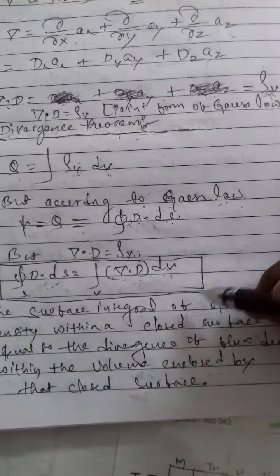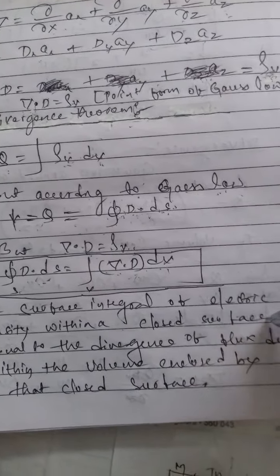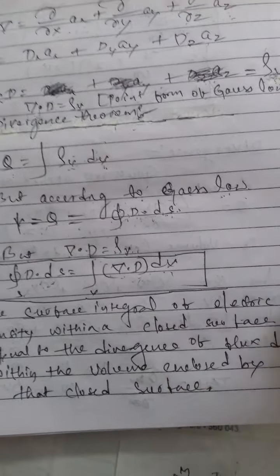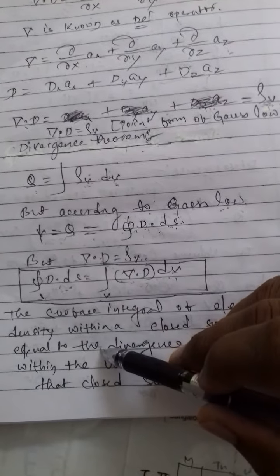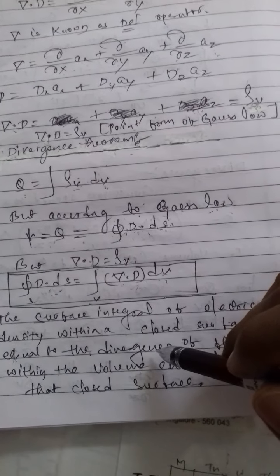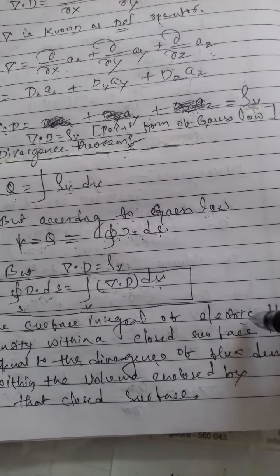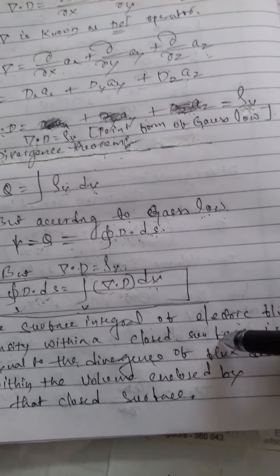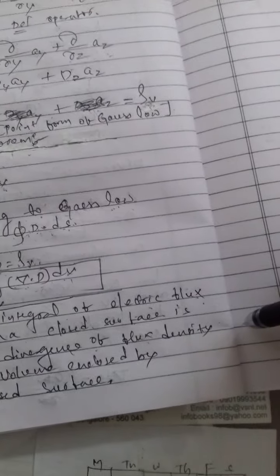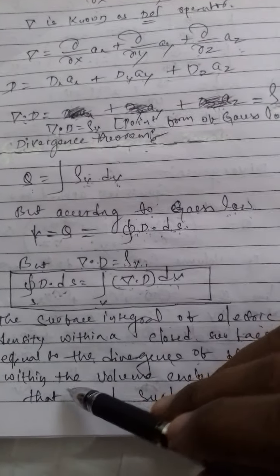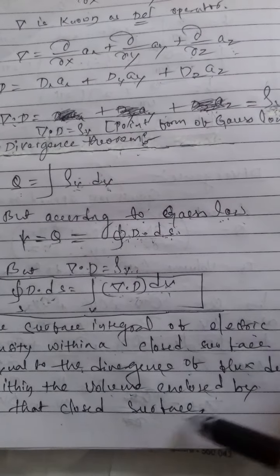The surface integral of electric flux density over a closed surface is equal to the integral of the divergence of flux density within the volume enclosed by that closed surface.